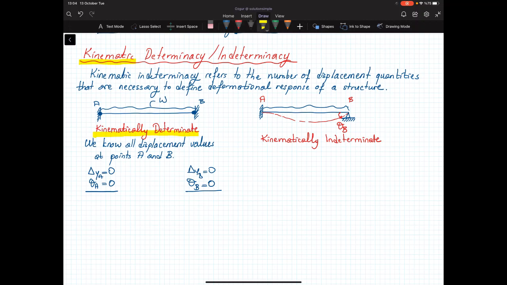Because I don't know the value of theta B. I know delta y at A is equal to 0. I know that rotation at A is equal to 0. Delta y at B is equal to 0, but I don't know what theta B is. So I'm missing one boundary condition. So this is a first degree kinematically indeterminate structure.